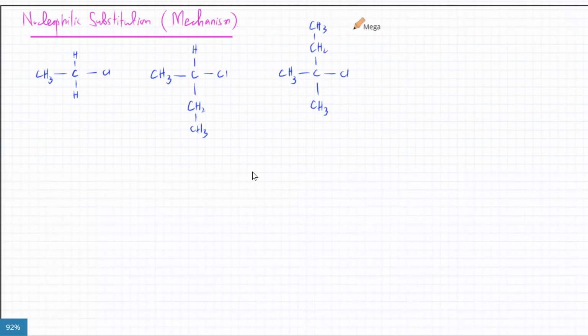So the focus is on Cl. The first one, this carbon atom, is primary. This one is secondary, and this one is tertiary.